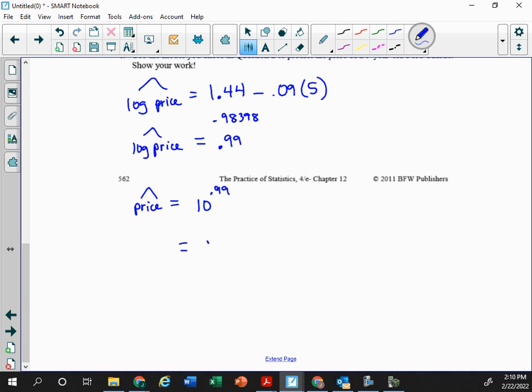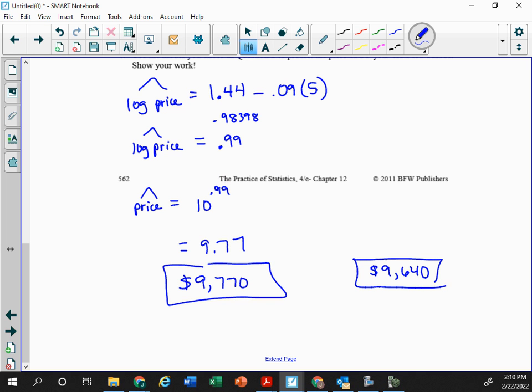Okay. Yeah. Now, again, it's also not $9.77. What is it? What did we give price in here? Yeah, so this means the predicted price is $9,770. Or if you used all the decimals, it was like 9,640, depending on your rounding.